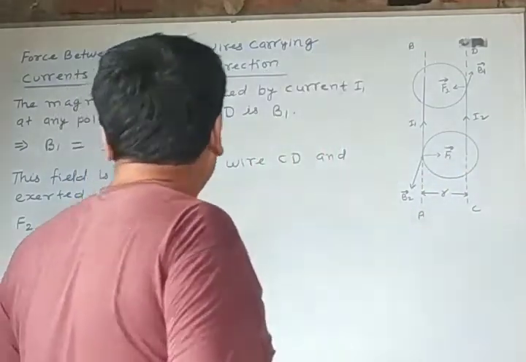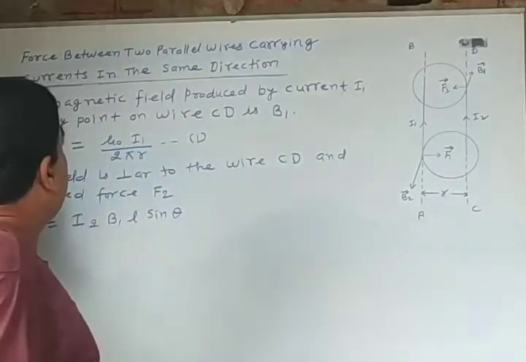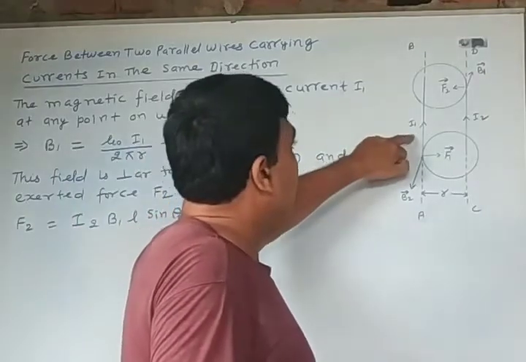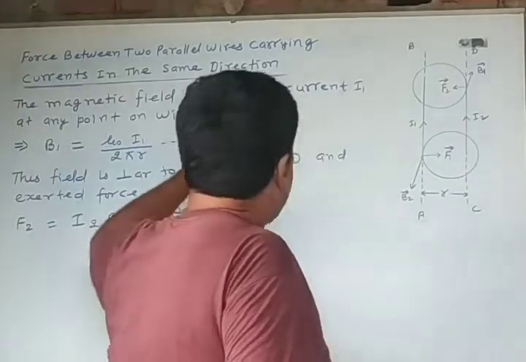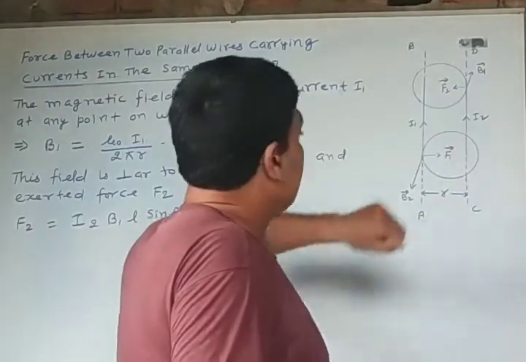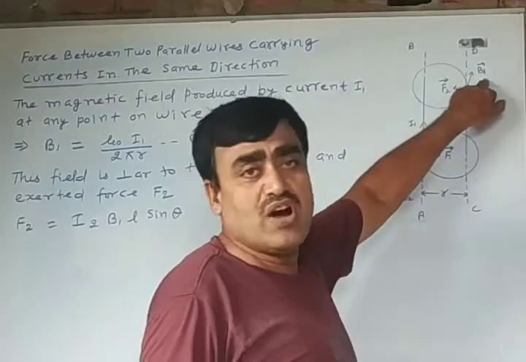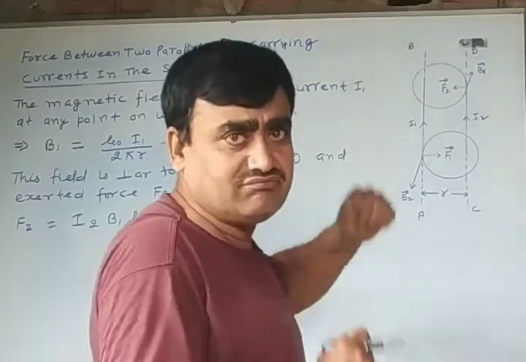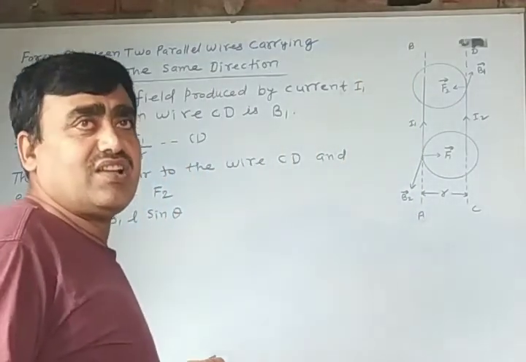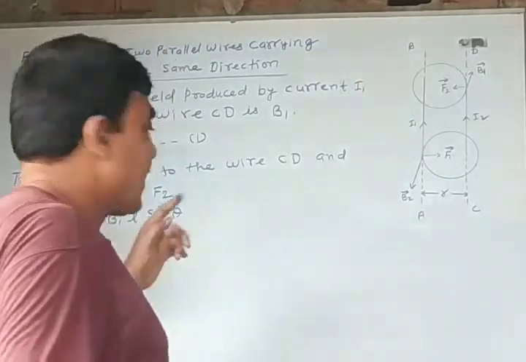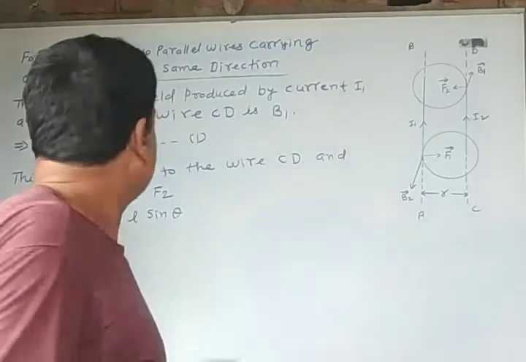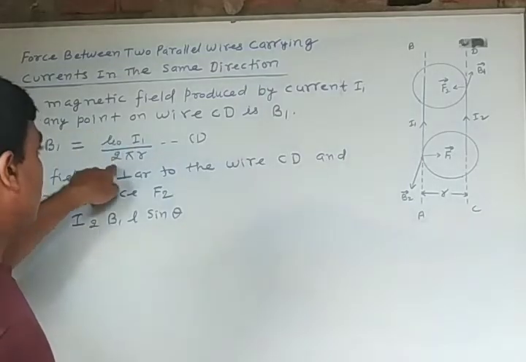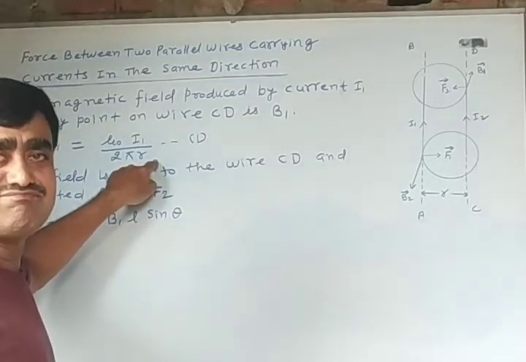If the magnetic field produced by current I1 at any point on CD is B1, we assume, then from the expression of magnetic field, B1 is equal to mu naught I1 upon 2 pi r.